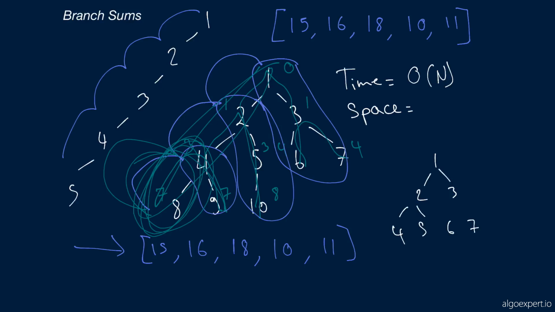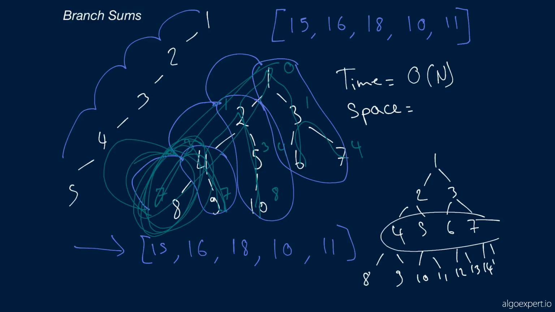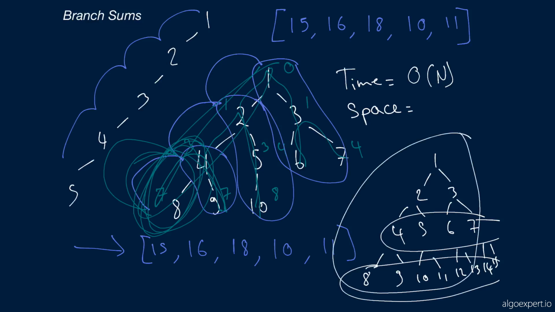You can kind of see that there's roughly half of the nodes at the bottom portion, at the leaf nodes. If I were to add another level, 8, 9, 10, 11, 12, 13, 14, 15, you can see again that roughly half of all the nodes in the entire binary tree are leaf nodes.